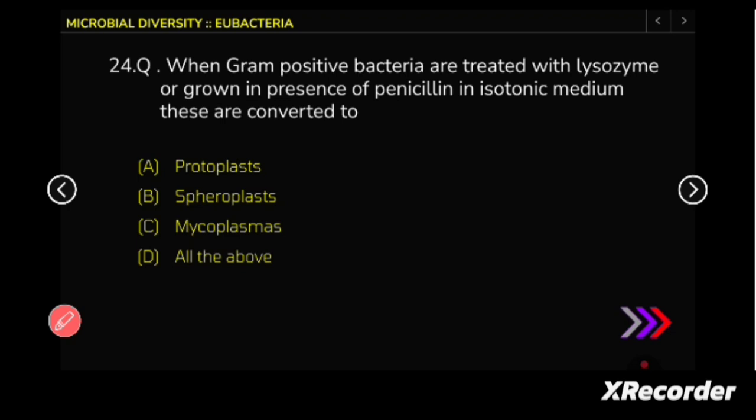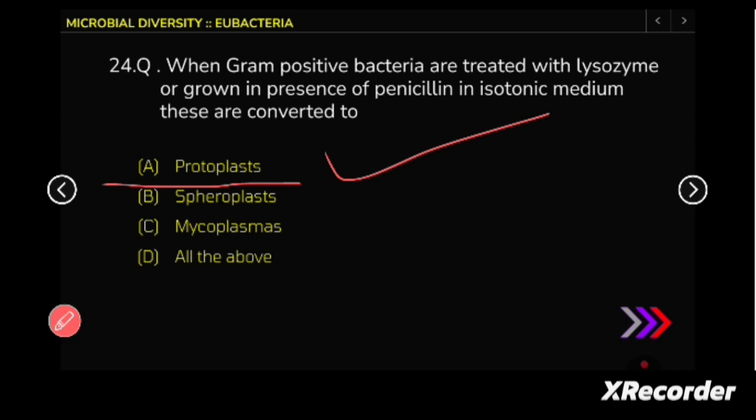Question number 24. When gram-positive bacteria are treated with lysozyme or grown in presence of penicillin in isotonic medium, these are converted to: A. Protoplasts, B. Spheroplasts, C. Mycoplasmas, D. All the above. Answer is A, protoplasts.